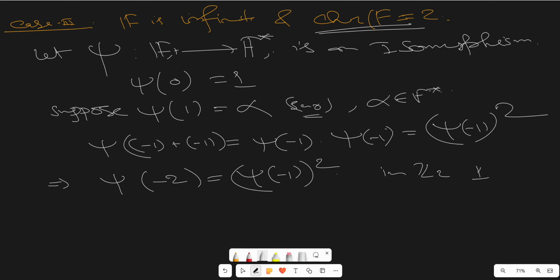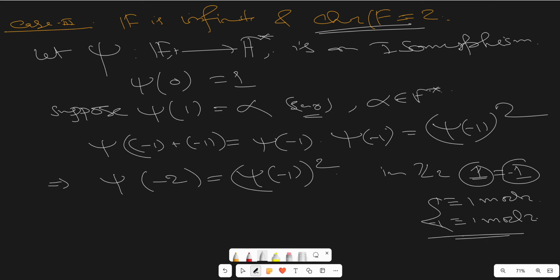So 1 is equal to -1; 1 and -1 are the same in characteristic 2. 1 is congruent to 1 mod 2 and -1 is also congruent to 1 mod 2, right?